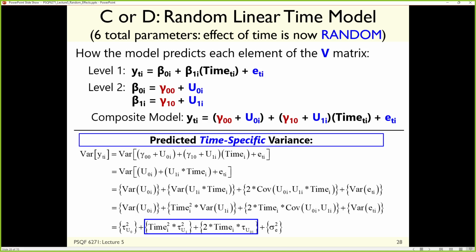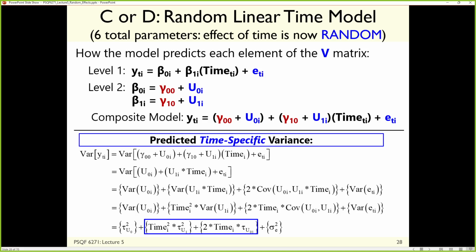So you don't have to have separate numbers for time 1 and time 2 and time 3. The function describes how variance changes across time. So that means that people who have time 1.5, there's a predicted variance at time 1.5 through this function. People who have time 2.87, they have a predicted variance at time 2.87.